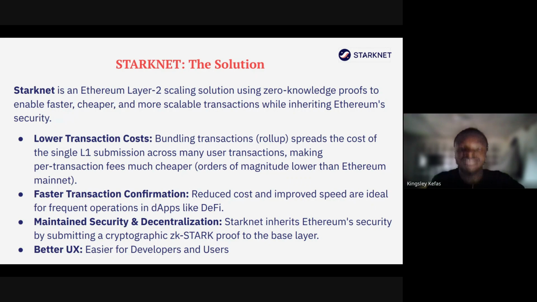Now the next thing is the better user experience. For developers and for users, yes, Starknet has that, a very good user experience. Remember when someone said sometimes he forgets them. On Starknet, if you are using a wallet like Argent, they have social login, social sign in for you, whereby you don't have to bother yourself about those seed phrases, those words, or even your private key that is just a bunch of gibberish that you can't cram, right?